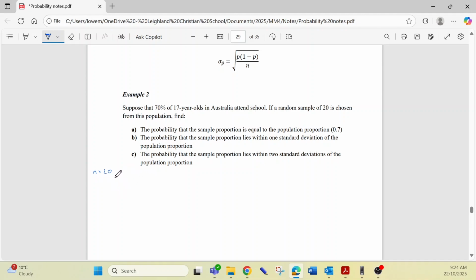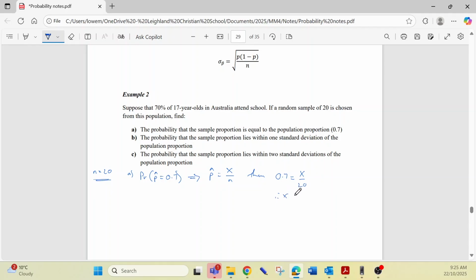We're wanting to find the probability that p hat is going to equal 0.7. Now, given our sample size of 20, and we know that p hat is equal to x over n, then we can set 0.7, that's what we're wanting p hat to be, equal to what number over 20?